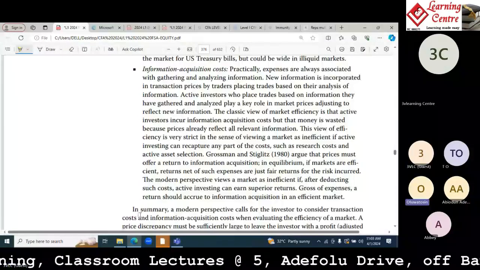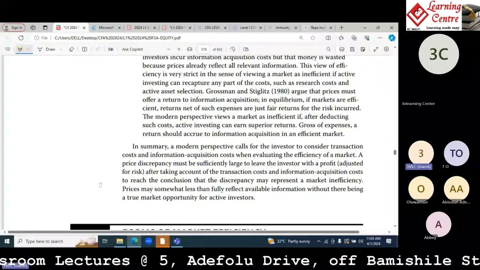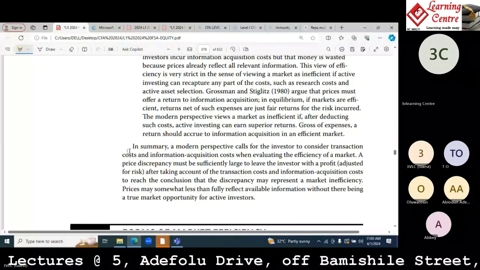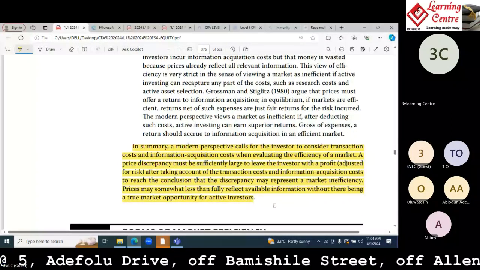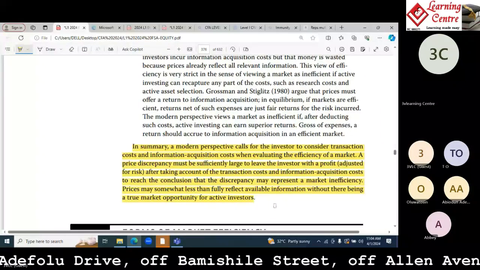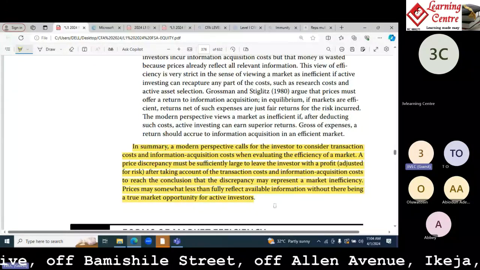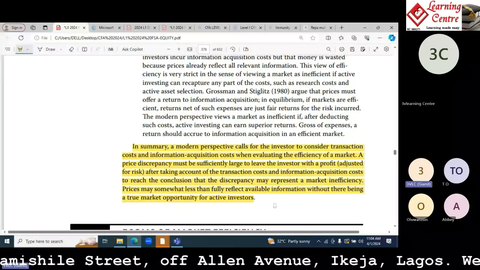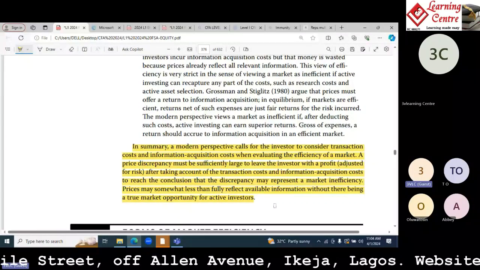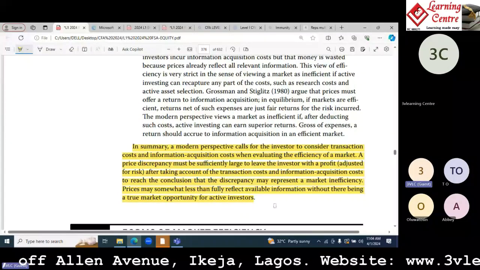Okay. In summary, I always like when the curriculum gives us a summary. In summary, a modern perspective calls for investors to consider transaction cost and information acquisition cost when evaluating the efficiency of a market.